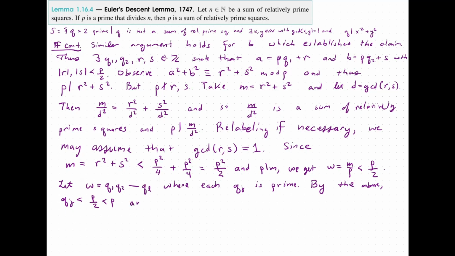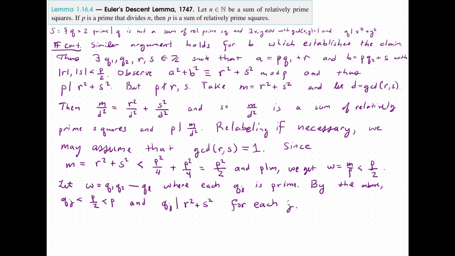And we also have that Qj divides R squared plus S squared. So both of these conditions hold for each j.